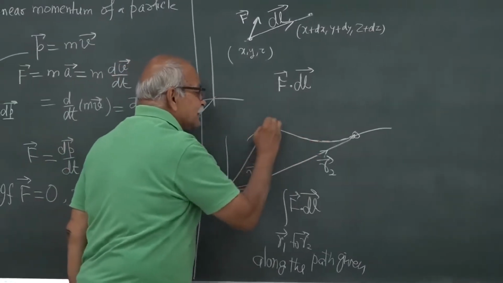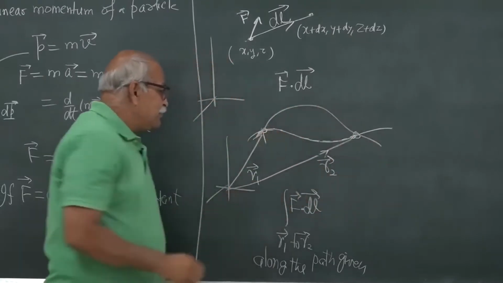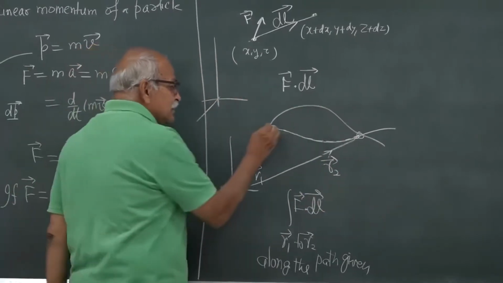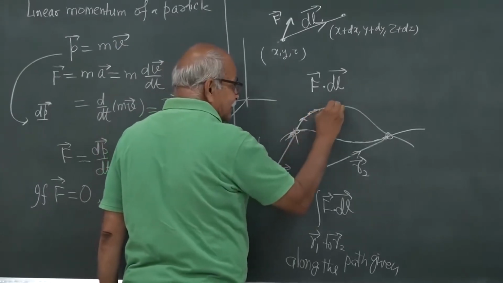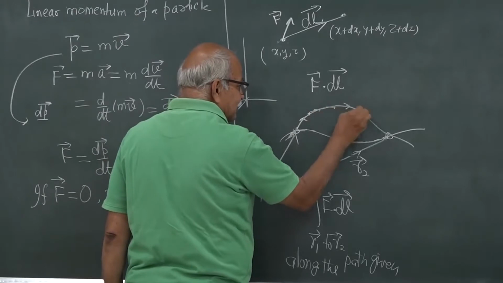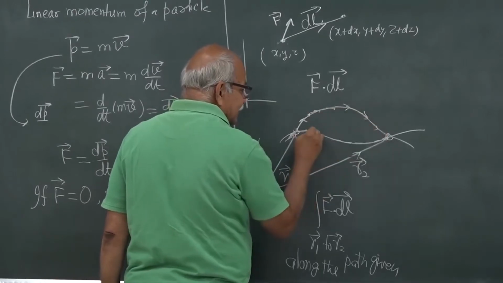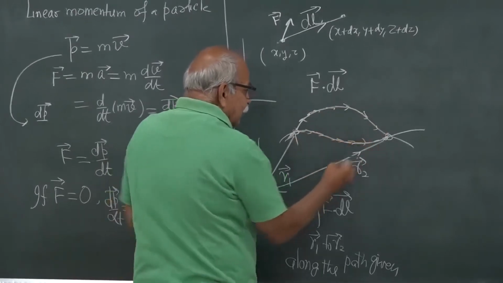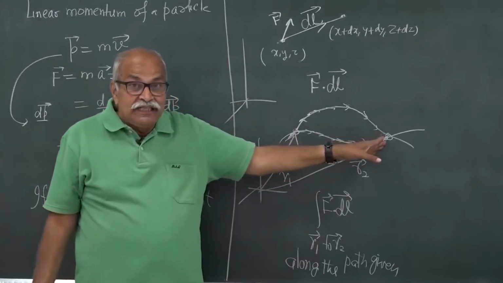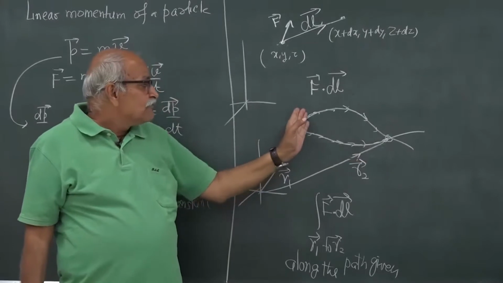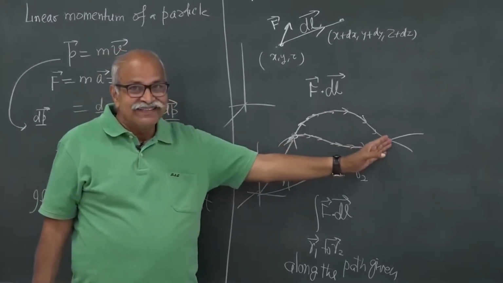If I take another path from the same point r1 to r2, then I will be taking different dl's along it. So it is different. The integral of F dot dl along this path may or may not be equal to the integral along that path.